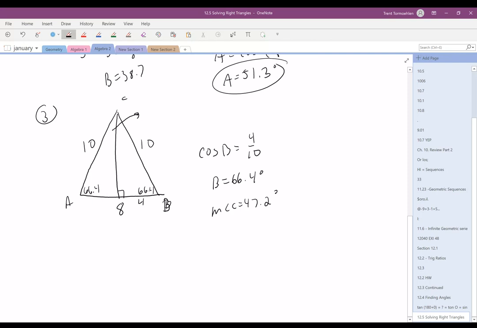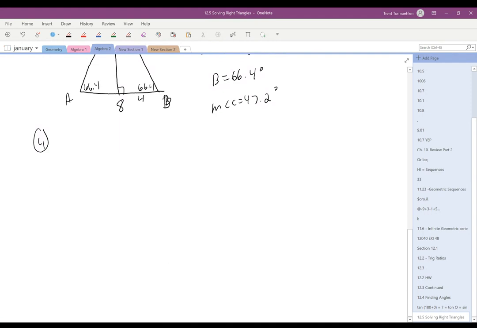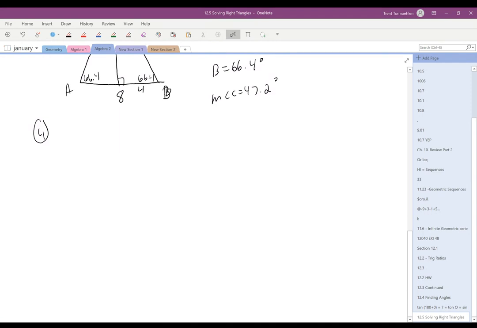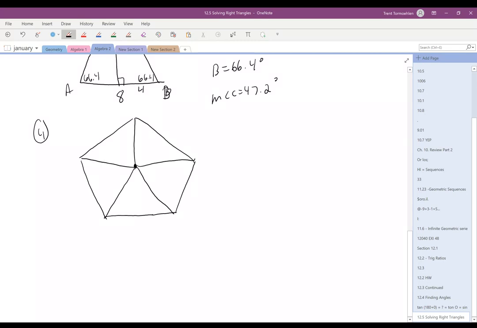Another common one is the area of a regular polygon. And to find the area of a regular polygon, so like, for example, a regular pentagon, what you do is you realize that all of these triangles are going to be the same, and they're all going to be isosceles triangles.